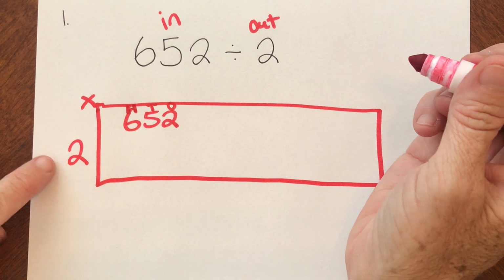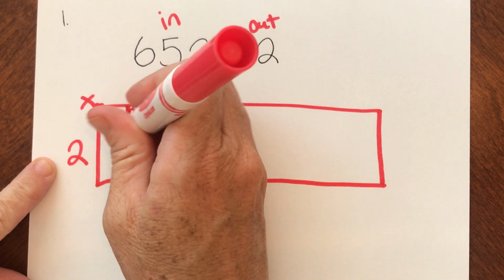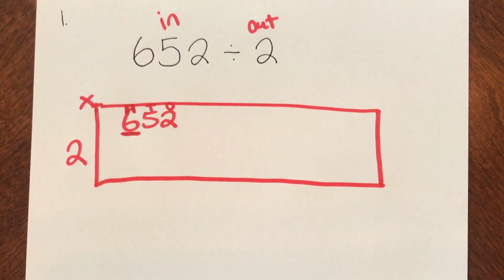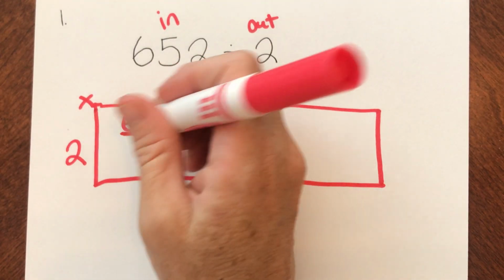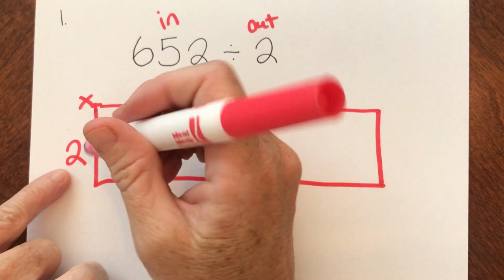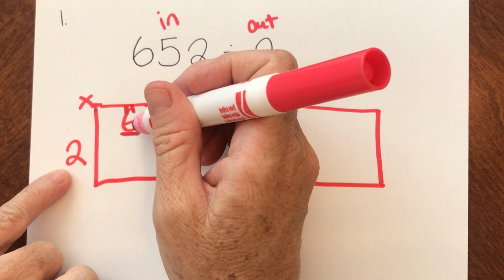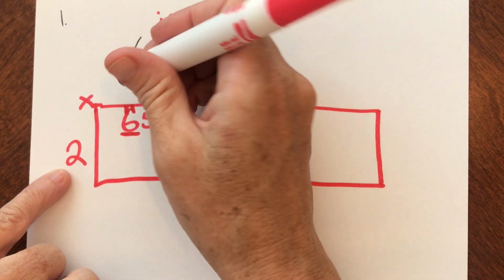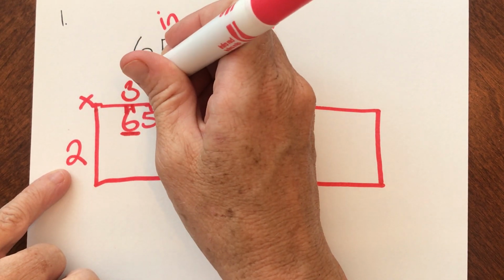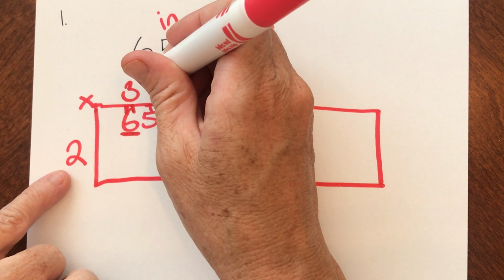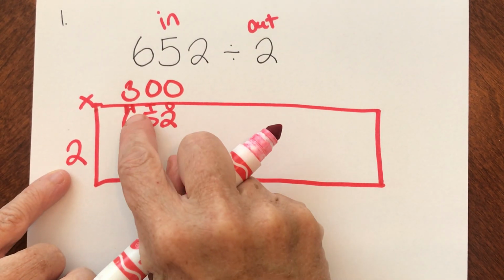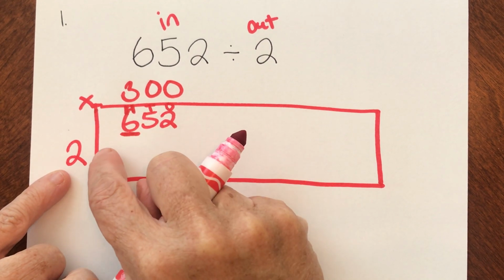So I ask myself, can 2 fit into 6? How many times can 2 go into 6? Well, 2 can go into 6 3 times. But this is in the hundreds column, so it's not just 3 times, it's going to be 300 because 6 is in the hundreds place value.